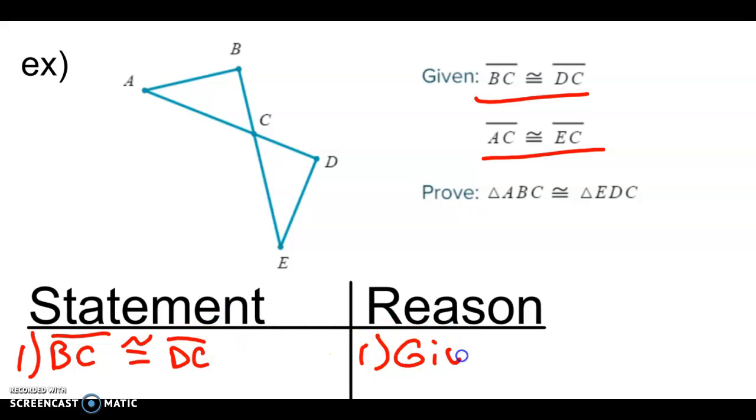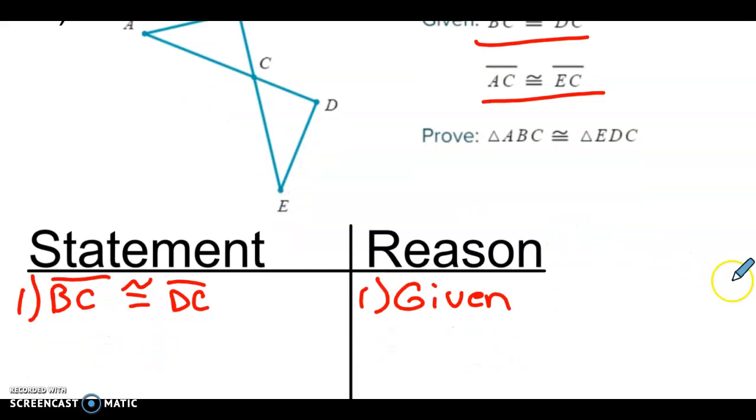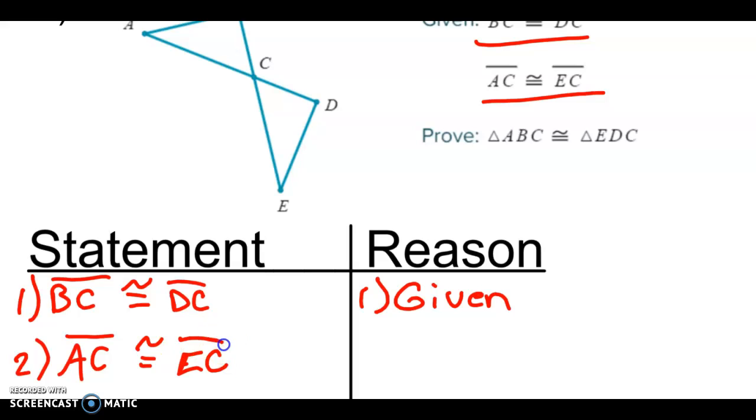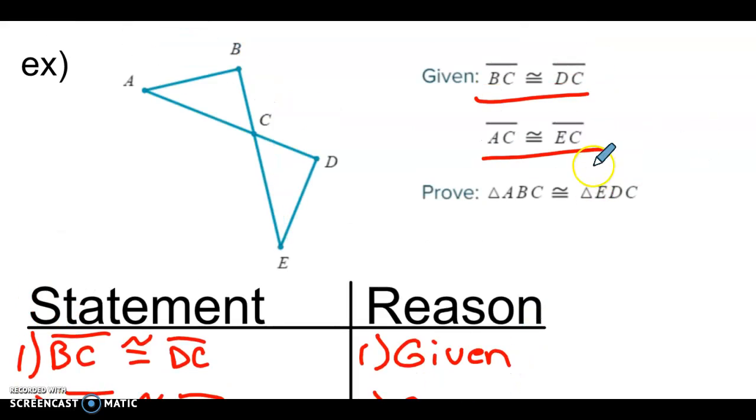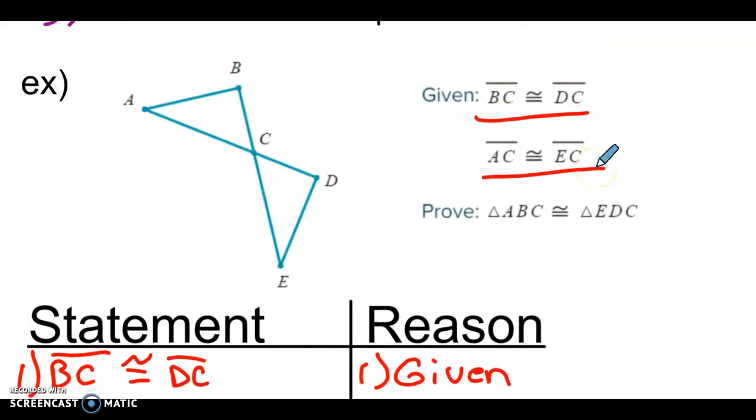That is given. We are also being told that AC is congruent to EC. So segment AC is congruent to segment EC. That is also given information. So let's mark that up so that we can see what's going on.